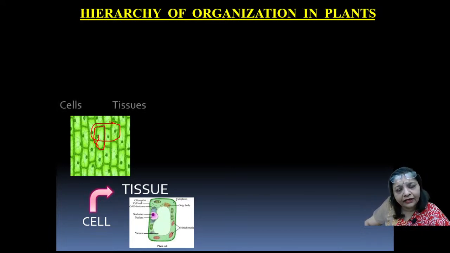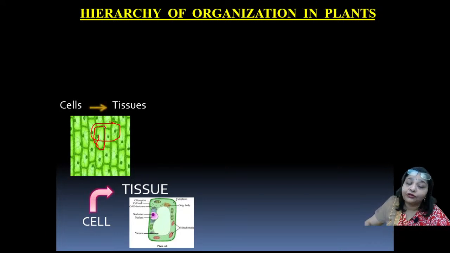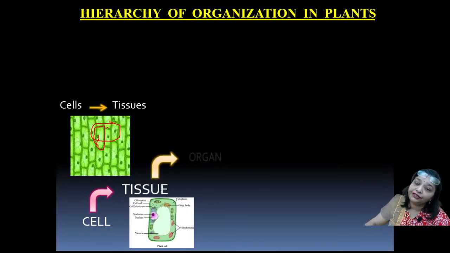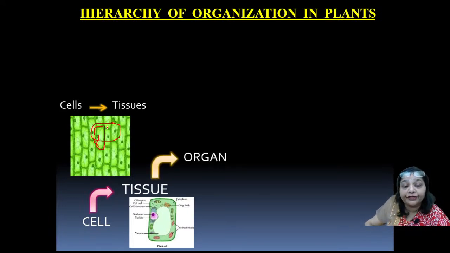So different cells, they actually form different types of tissues based on the different functions that they have to perform. So similar cells which are similar in structure and function form tissues, and of course they perform specific functions. Now these tissues are grouped together to form various organs.